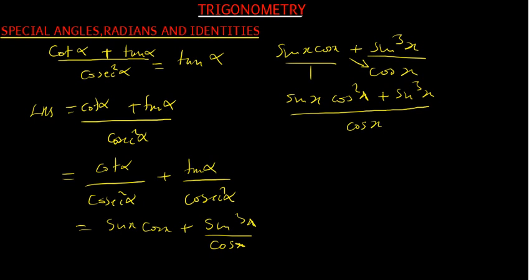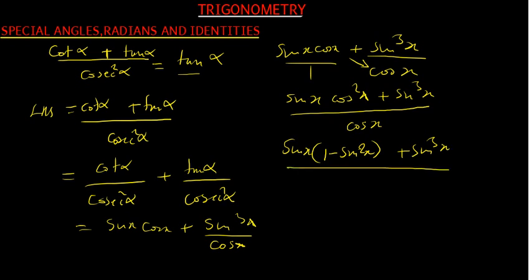All we need to do is make sure that everything on top balances up with what we want, which is tan. So let's convert cos squared x. We know that cos squared x is the same as 1 minus sin squared x. So we have sin x times (1 minus sin squared x), plus sin cubed x, divided by cos x.